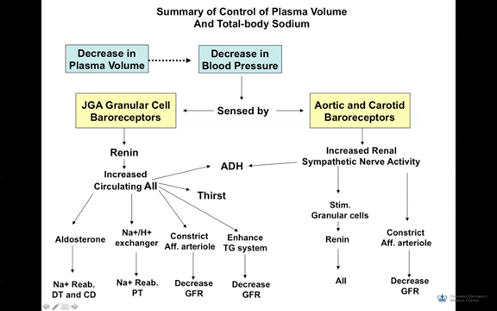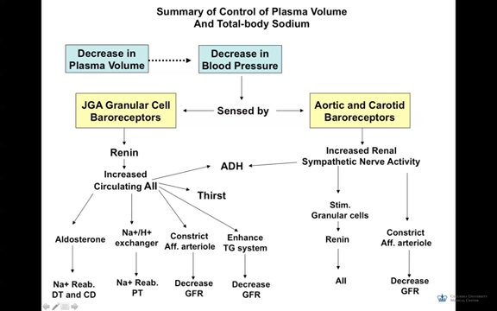Angiotensin II is going to directly stimulate those sodium-hydrogen exchangers, which is going to increase sodium reabsorption in the proximal tubule. Angiotensin II is going to directly constrict the afferent arteriole, which is going to decrease GFR. It's going to enhance that tubuloglomerular feedback system, which further decreases GFR. It's going to stimulate thirst, increase water consumption. It's going to stimulate ADH, increase water retention.